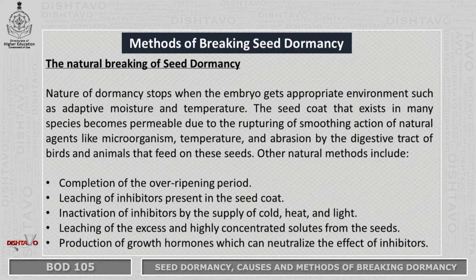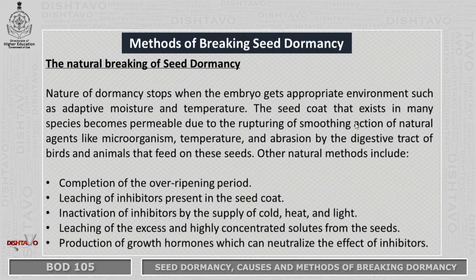The seed coat in many species becomes permeable due to the rupturing or softening action of natural agents like microorganisms, temperature, and abrasion by the digestive tract of birds and animals that feed on these seeds. It is the exposure to environmental conditions or agents that bring about a rupturing of the seed coats, which in most cases bring about dormancy in seeds.